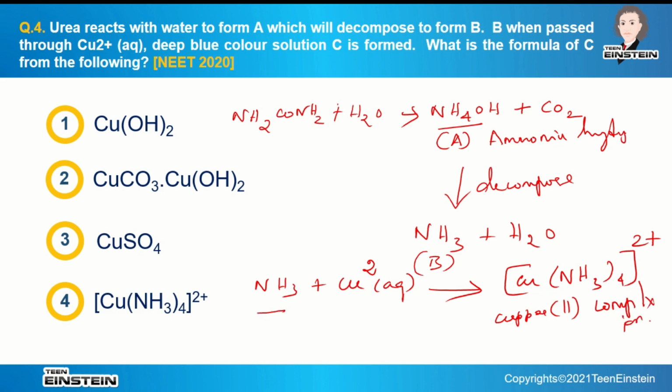Here ammonia is a Lewis base which donates its pair of electrons. Here copper 2 plus is an electrophile which accepts the pair of electrons and forms a copper 2 complex ion, which is deep blue in color. So the final product is the copper 2 complex ion. So the correct answer is option 4.